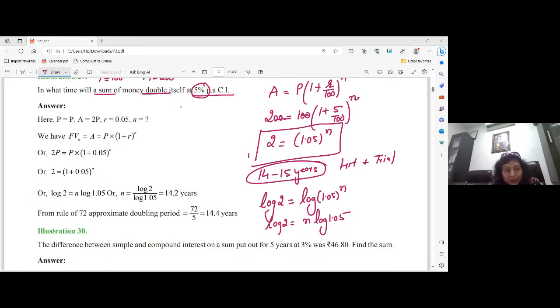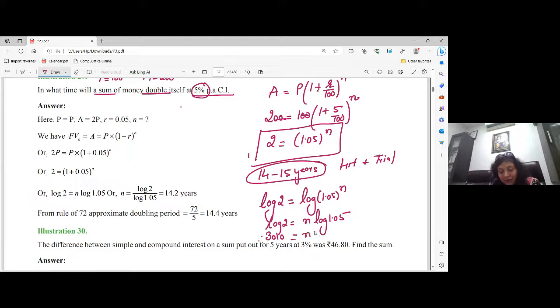Now I have explained you how to find out the log. So let's say 2. So first thing is find square root 19 times: 1, 2, 3, 4, 5, 6, 7, 8, 9, 10, 11, 12, 13, 14, 15, 16, 17, 18, 19. Minus 1 into 227695. Now this is the log of 2, 0.3010.